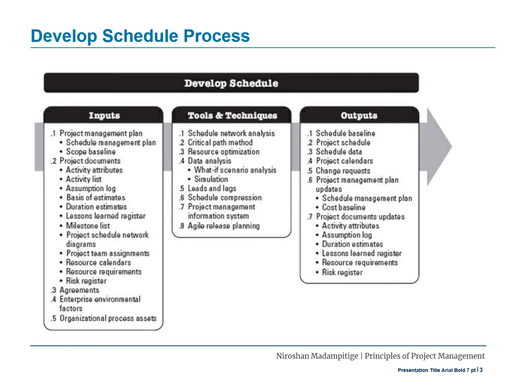So some of the tools and techniques used to develop the project schedule include schedule network analysis, critical path method, resource optimization, data analysis, leads and lags, schedule compression, project management information system, and agile release planning.